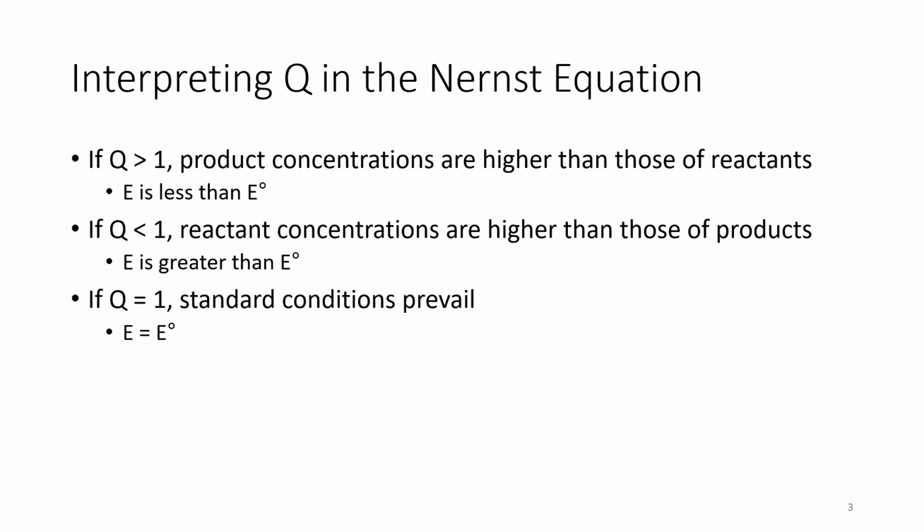We can now use the reaction quotient Q in our Nernst equation to look at whether our voltage is going to increase or decrease, depending on the value of our Q. Because we know that our Nernst equation is E is equal to E naught minus RT over NF times the natural log of Q. Like we've done before, when we look at equations like this, sometimes we just need to plug in values.